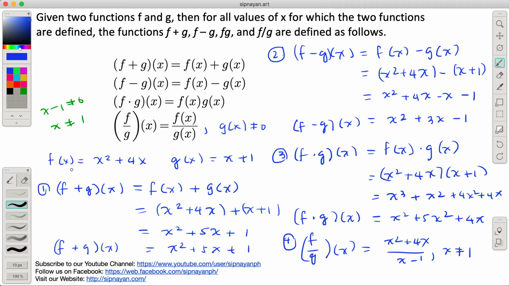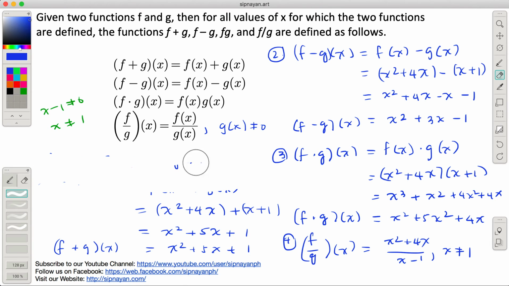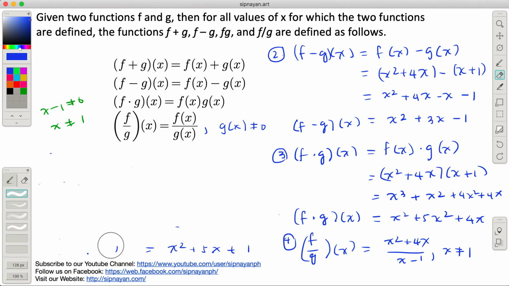So, ang domain niyan, set of real numbers. So, pwede tayo mag-add kahit anong value ng x. Magkakaproblema tayo pag halimbawa, meron tayong function such as, halimbawa, ang g of x natin ay x plus 1.